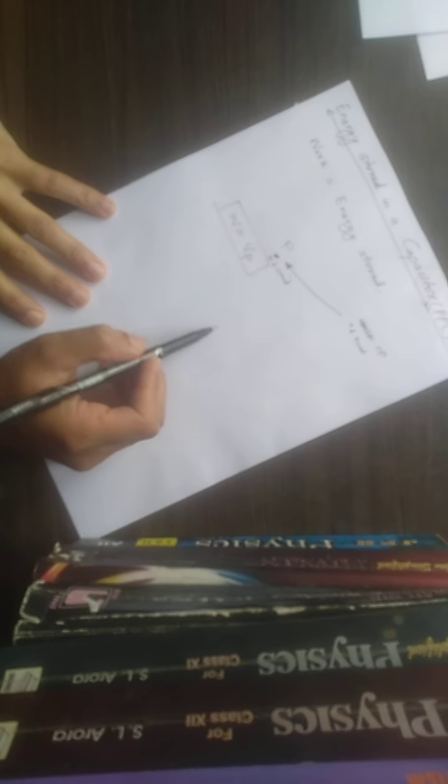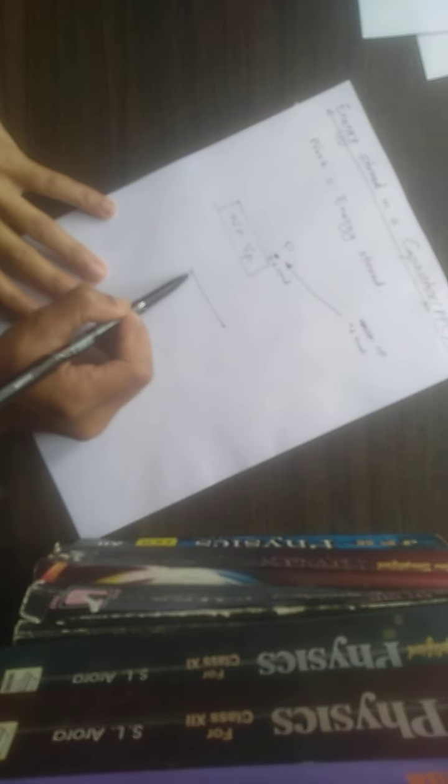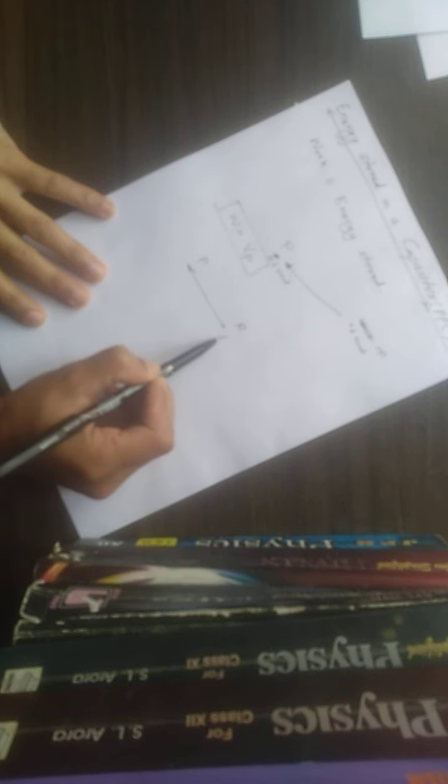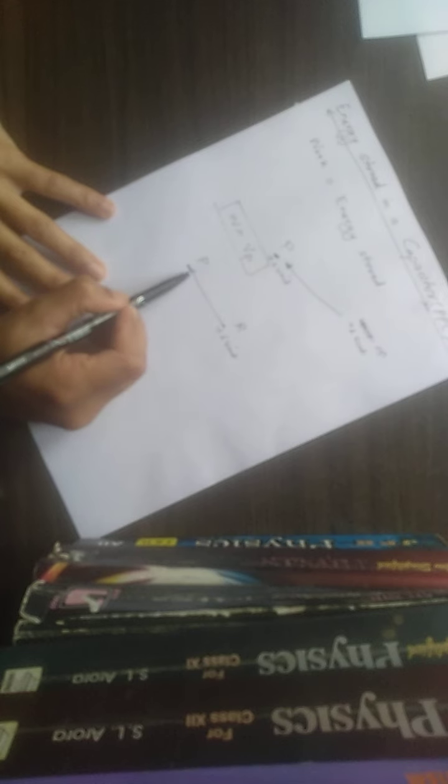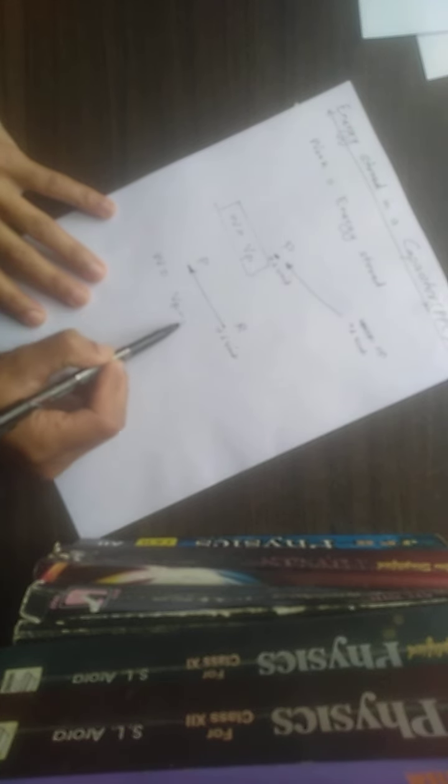Similarly, when one unit positive charge was brought from point R to point P, the work done in that process was Vp minus Vr, the potential difference between the two points.